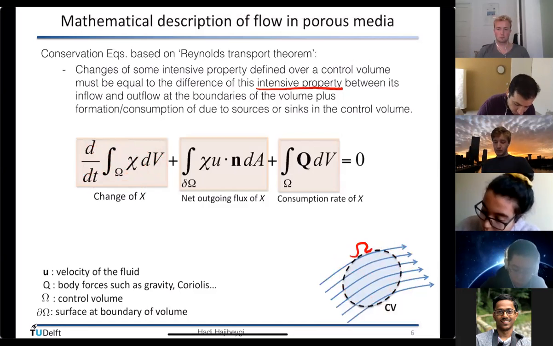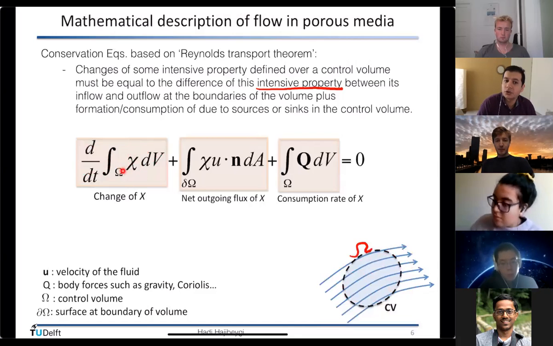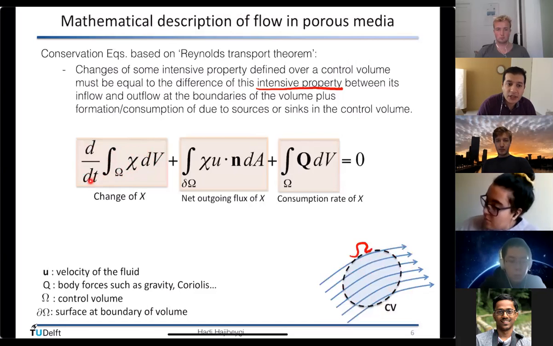The sum, or if you are in continuum space, the integral, of all amount of x in your domain would change over time if you have net outgoing flux of x, or you have source terms or sink terms.